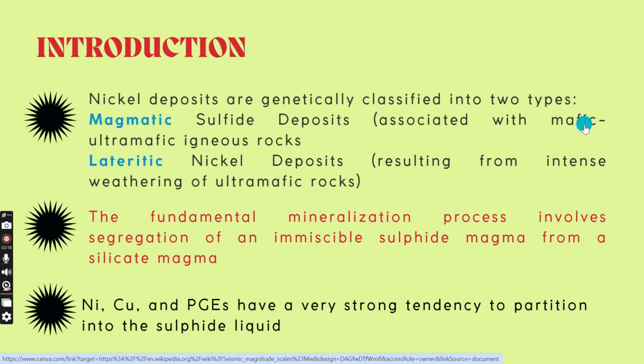but there are differences, because magmatic nickel deposits, the sulfide related deposits, are mostly found with a particular typical nickel ore. Those things will be discussed. For lateritic nickel, that ore is different.